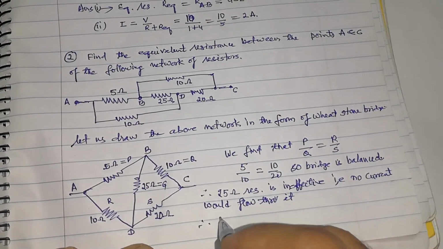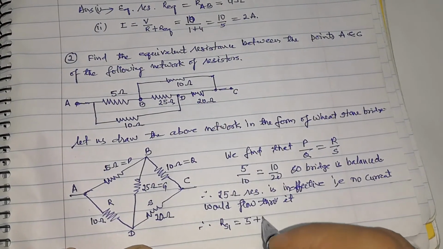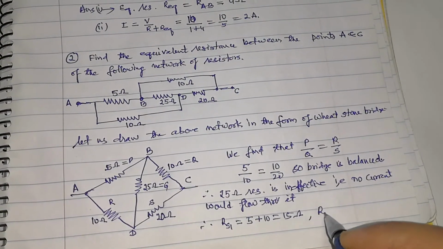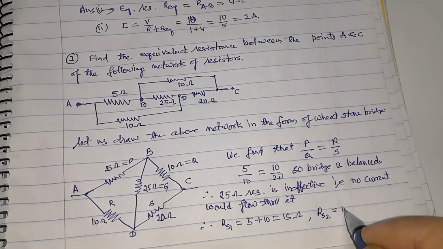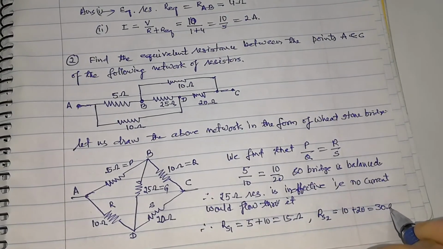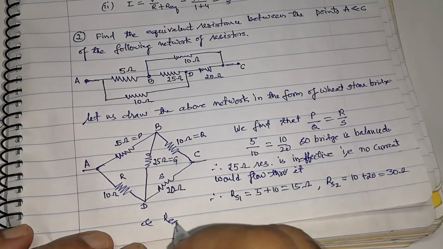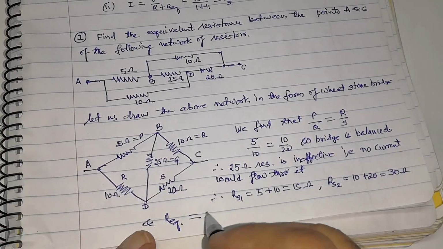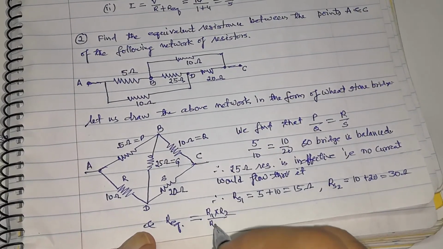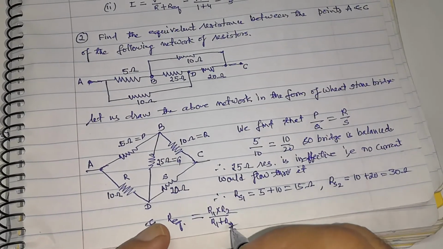Therefore RS1 equals 5 plus 10, 15 ohm. RS2 equals 10 plus 20, that is 30 ohm, and R equivalent is equal to, the formula is R1 R2 upon R1 plus R2.